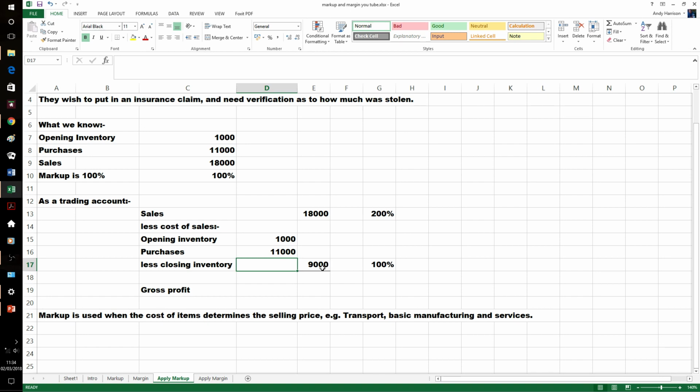So we can probably work that one out. It's 3,000. Or we can do 9,000 and then minus. There's our 3,000 cost of sales. Double check. 12 minus 3 is 9. And our gross profit will be the 18,000 minus 9,000. Not that we needed that for our insurance claim.